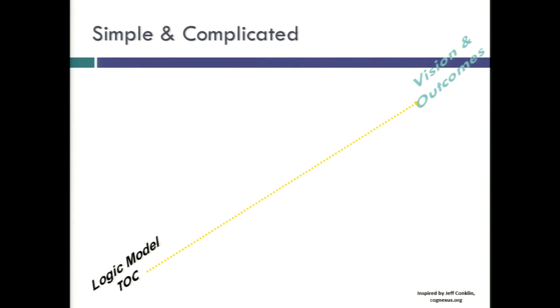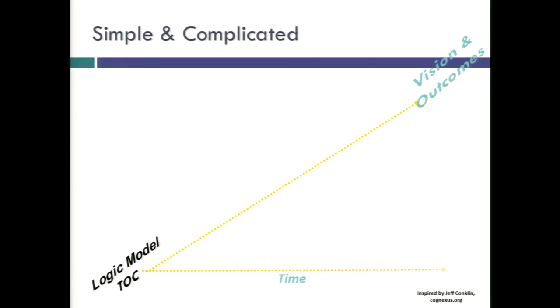Okay, so now we're almost to the answer of what do you do in a situation that's complex. Let's first review what we do in a situation that's simple and complicated. We often start with a logic model, and we know where we're going. We know what our outcomes are because our logic model told us. We know the path forward because we've reviewed best practices.